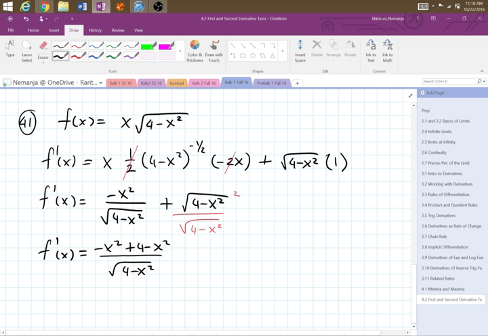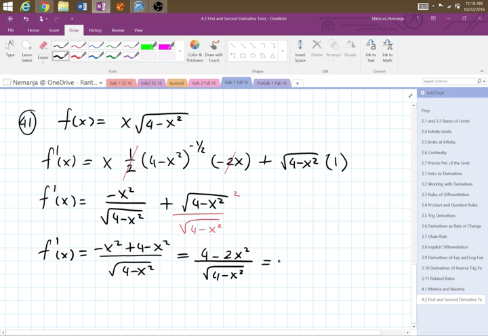We don't care about that because once you set it equal to 0, the denominator is gone every time. Don't bother foiling it, factoring it. Just forget about the denominator. No matter how nasty it is, just leave it, because as soon as we set it equal to 0, it's gone. It's the numerator that we actually have to be careful about. So we have 4 minus 2x squared over this square root of 4 minus x squared.